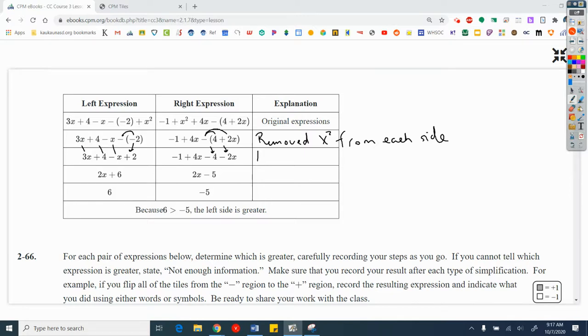So she flipped the minus region. When we flip from the minus region up into the positive region, that's what we're doing. It's like distributing that negative sign when we have parentheses.